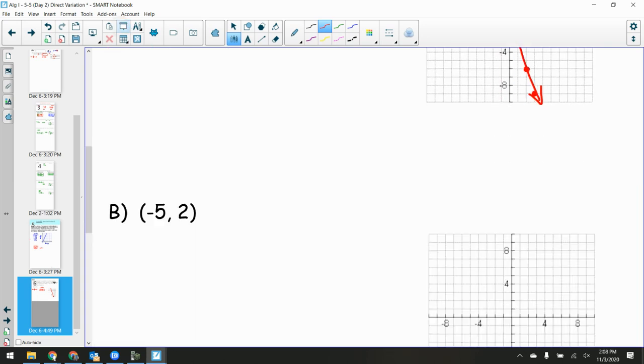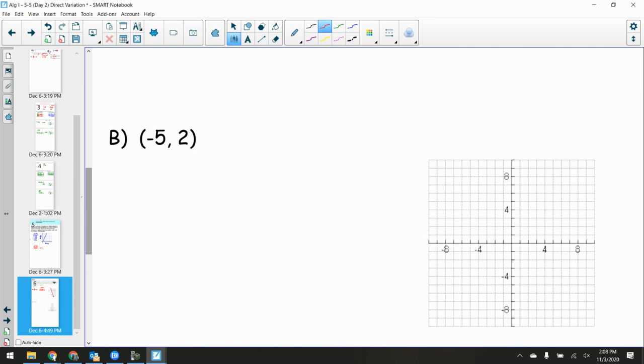Let's do one more of those. First off, write the equation. So the k value here, again, is y over x.